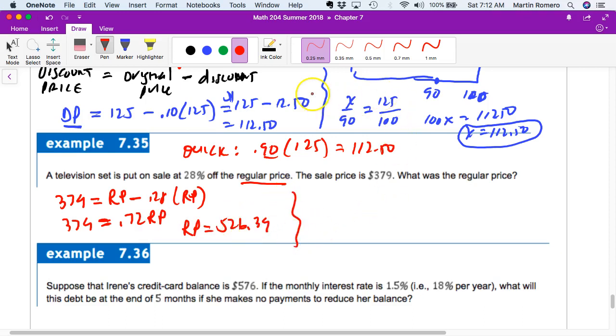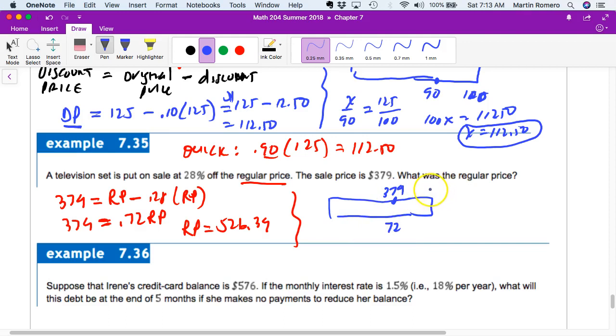We could also do that again with the box method. 28% off the regular price is $3.79. The key here on the box is to realize that the $3.79 is not 28%, that it's 72%. That's the key idea here.